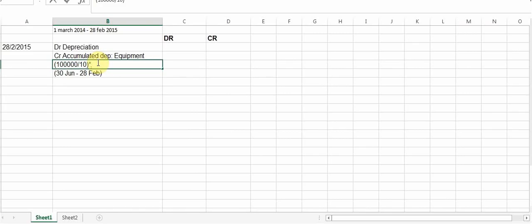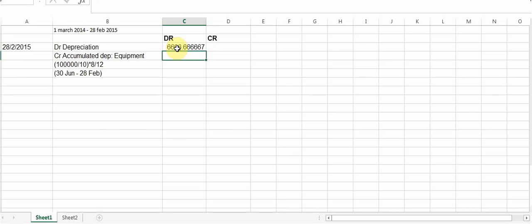So I need to go and times by 8 out of 12. If I do that calculation, the depreciation for the scrapped asset adds up to 100,000 divided by 10 times 8 out of 12, I get 6,666.67. And of course the credit must be the same as the debit, 6,666.67.